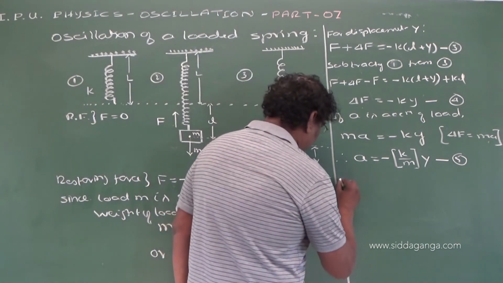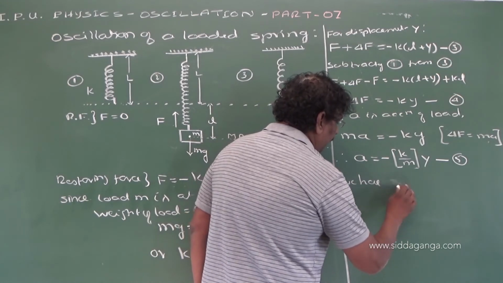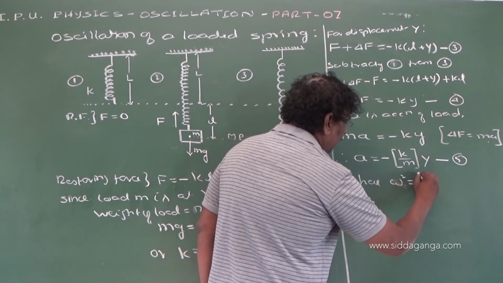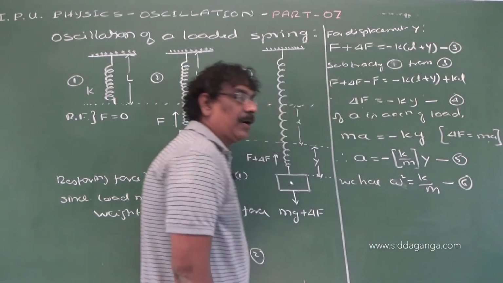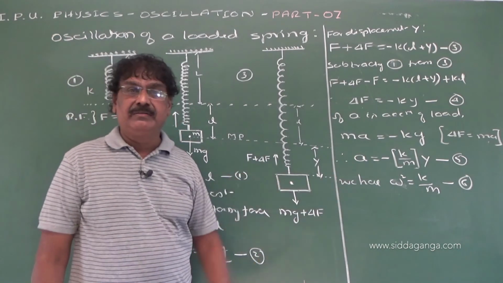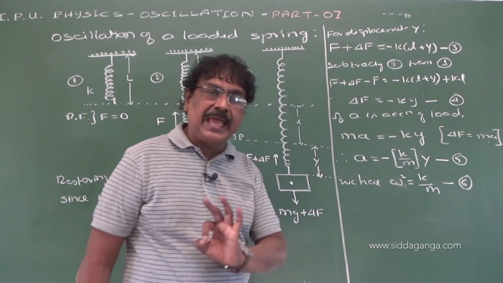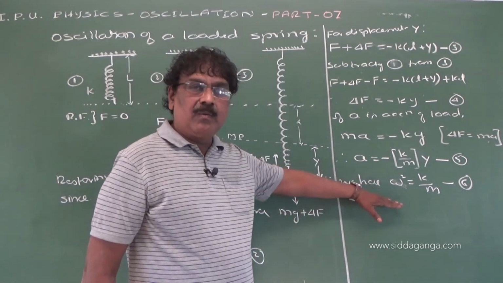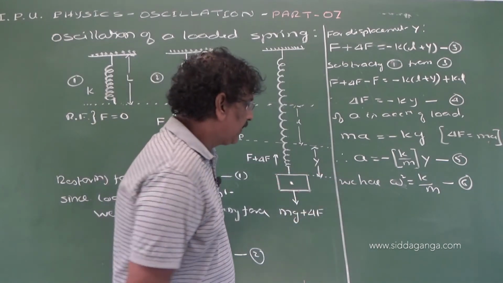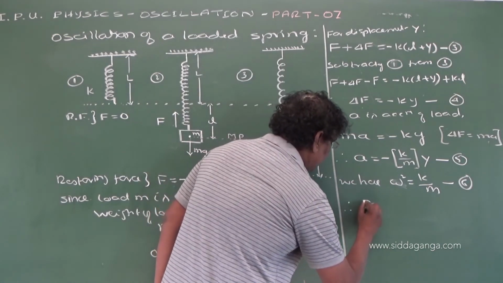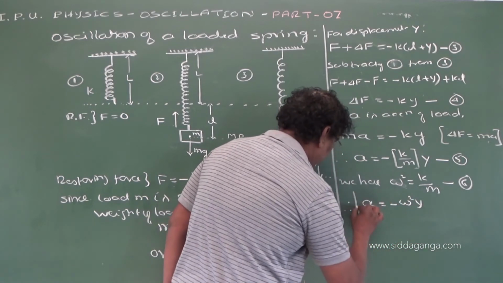But we have omega square is equal to K by M. I have told you, remember this equation, while discussing the force constant. I have brought this from the earlier discussion. Therefore, A is equal to minus omega square Y.